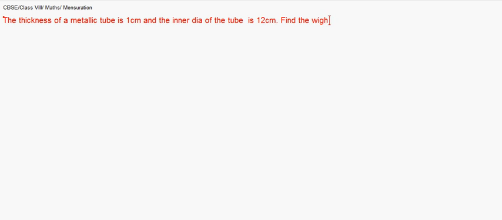Find the weight of 1 meter long tube if the density of the metal be 7.8 grams for every cubic centimeter. Right.